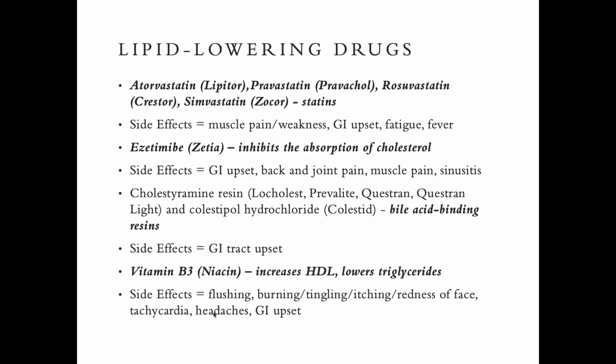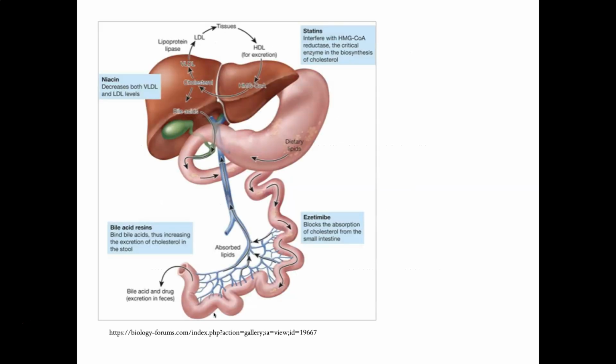So anything in bold on this screen you really need to know. Hint, hint, hint. I brought this visual in because it shows you those 4 types: the statins, the ezetimibe, the bile acid resins, and the niacin. And it just tells you what each one does. I'm sorry, it's a little fuzzy.